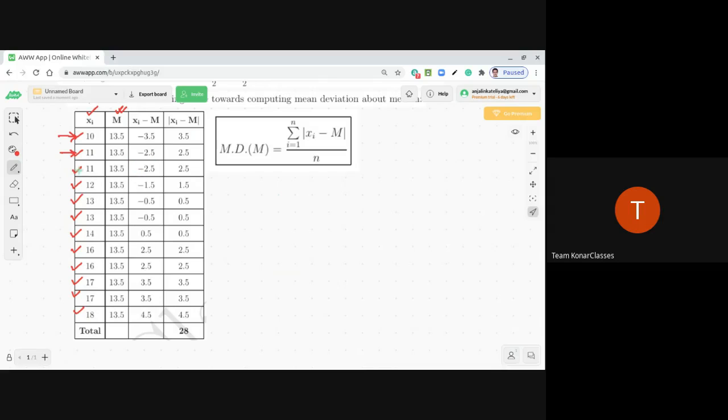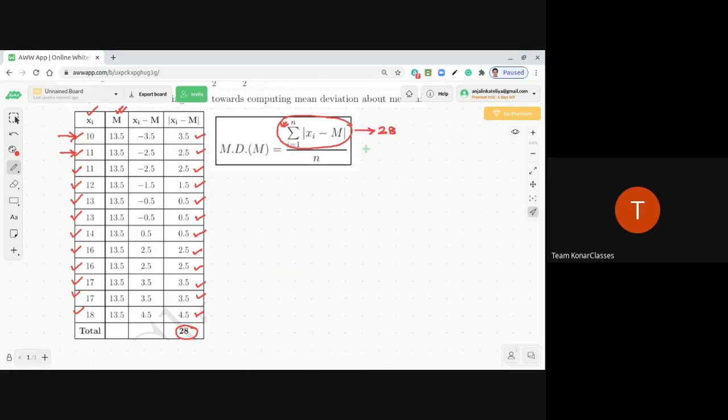We compute this for all these values. And as there is a summation sign, all these values, that is 3.5, 2.5, 2.5, 1.5, 0.5, 0.5, 0.5, 2.5, 2.5, 3.5, 3.5, and 4.5 have to be added. If we add them, we get 28 in the context of our example.